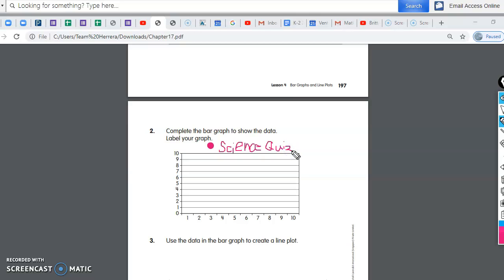Okay, then we're going to look at our numbers that we have going down the side, and then we have numbers going across the bottom here. So what we need to do is label what these numbers here represent and what these numbers across the bottom represent so that we understand how to read our bar graph.